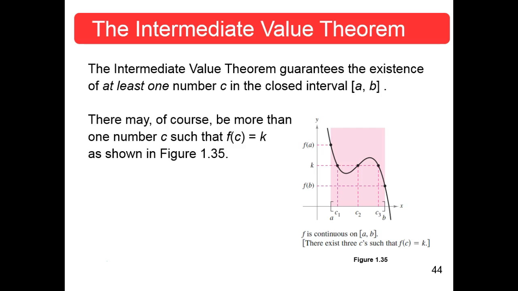It's shown here. Now, human growth doesn't quite go like this, but a lot of things do. Profit margins, things like this, they can go up and down. So there may be more than one point in between A and B where F of X is equal to K. That's okay. There's got to be at least one of those because it's a continuous function.